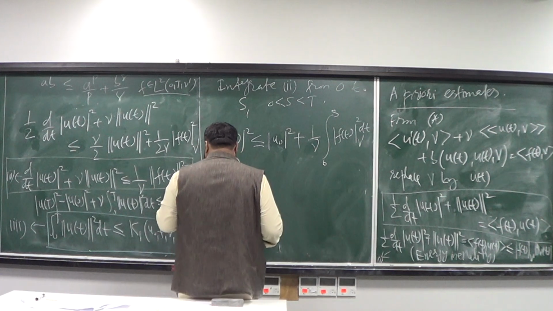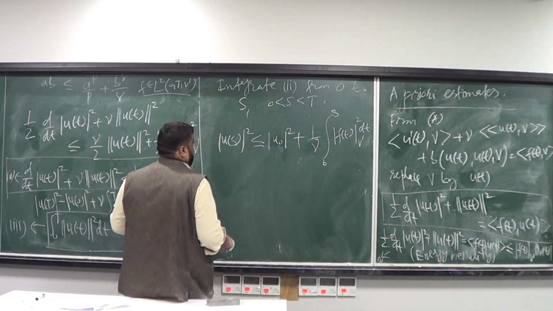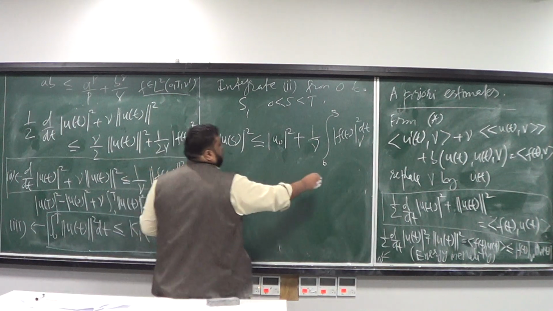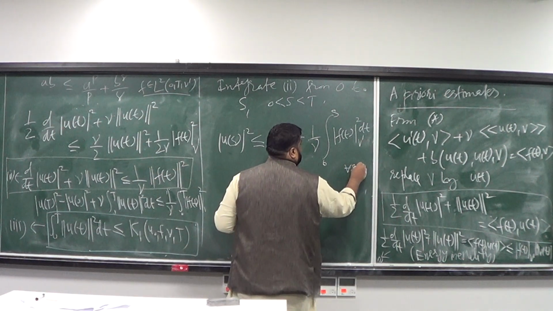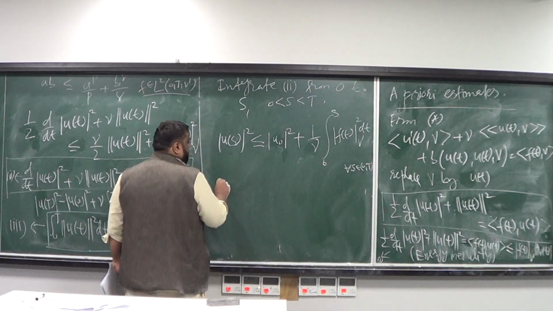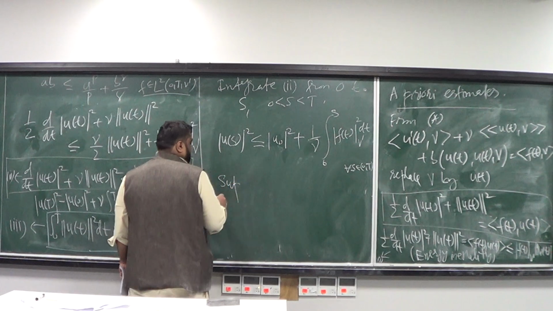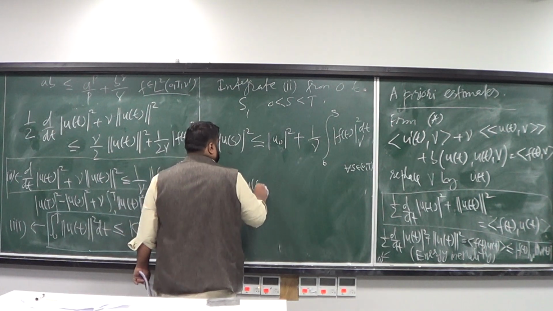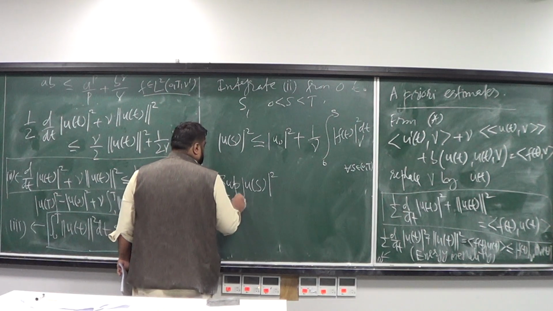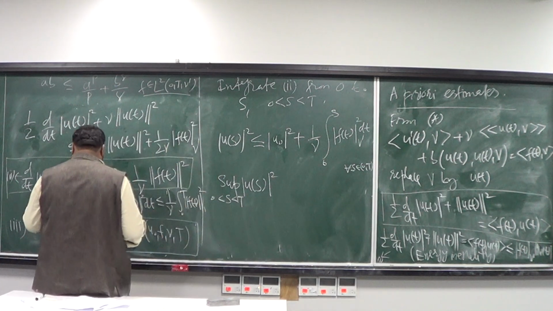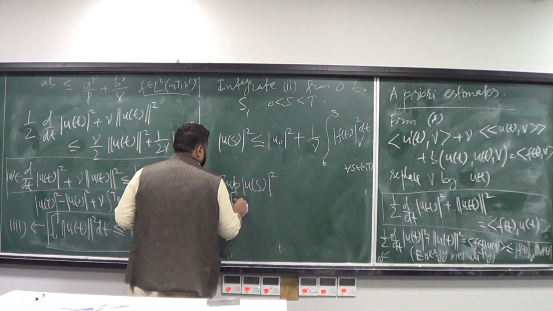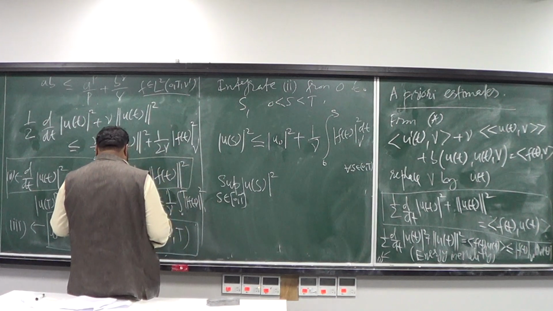Now since this is true for all s in the interval 0 to t, it is also true for the supremum of |u(s)|², where s is in the interval 0 to t.